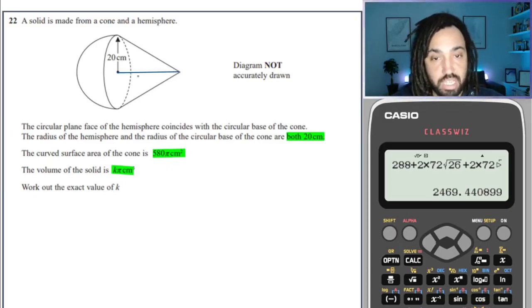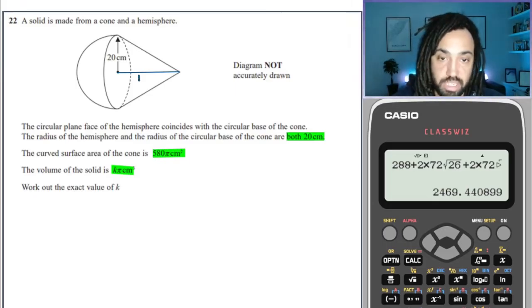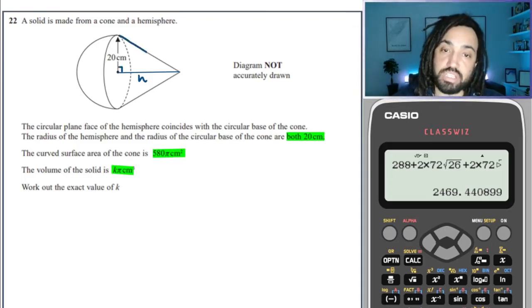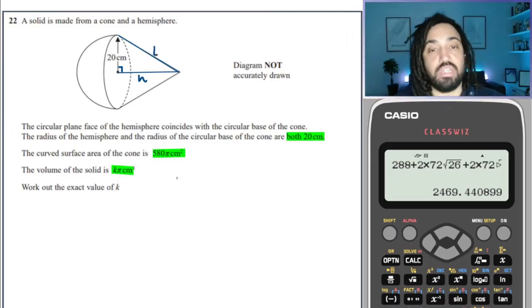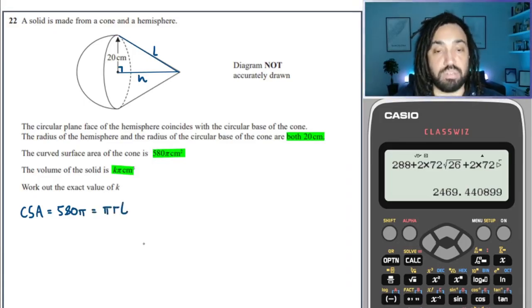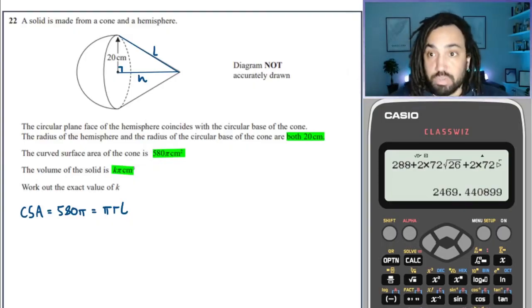This is the height of the cone. Obviously, the cone is on its side, but this is still the perpendicular height, and 20 is the radius. And therefore, this distance here is the slanted height L, and the curved surface area, which we're told is 580 pi, is equal to pi RL, as given in the formula book.